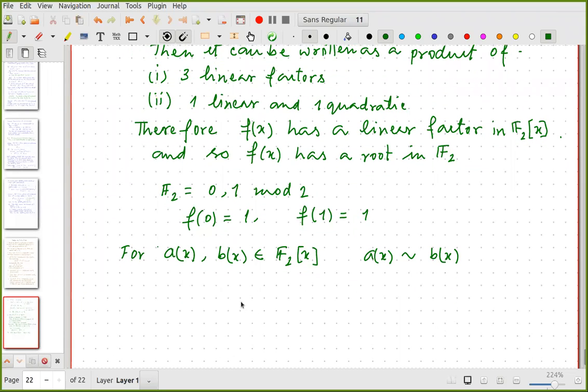So they are related if ax minus bx, just like modular arithmetic, done for polynomials, is divisible by the polynomial x cubed plus x square plus 1.